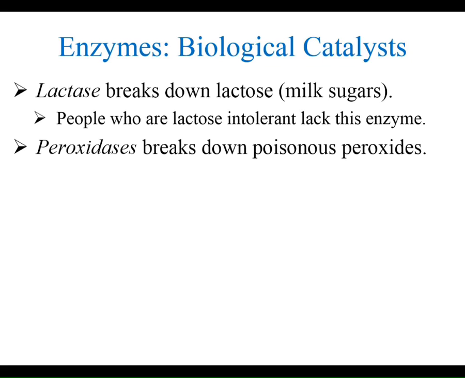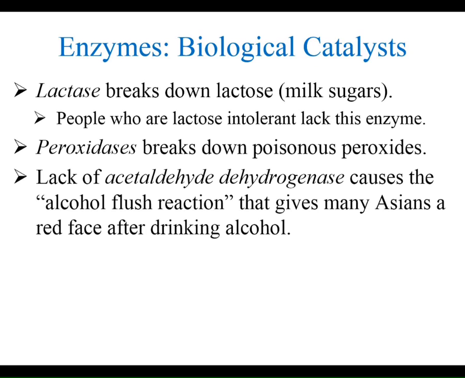But no problem, because peroxidases go to work, find those peroxides, break them down, neutralize them, no problem. And again, they're very good at what they do, so they can do it in millionths of a second. I mean, boom, it's gone.